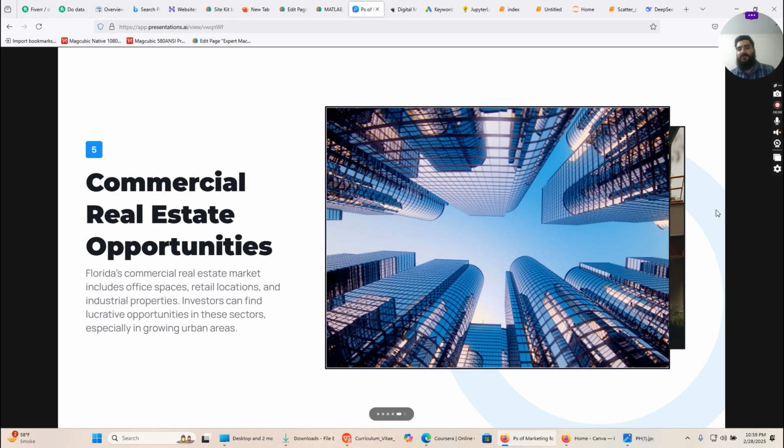Investors found these kinds of opportunities to be highly lucrative and they would like to invest in these places as well. So in that particular case, your unique offer is the commercial property and the target customer would be a real estate investor who is looking to invest in such properties.